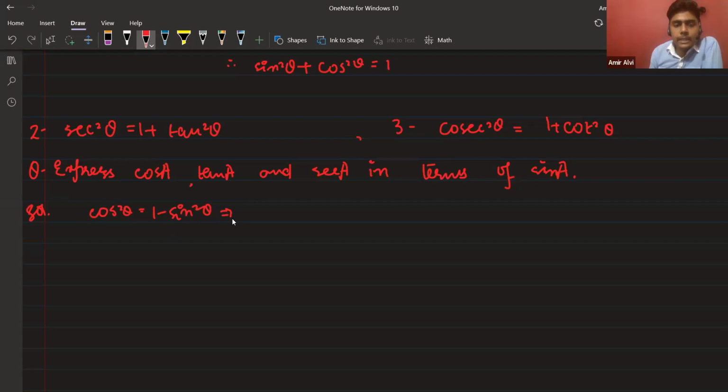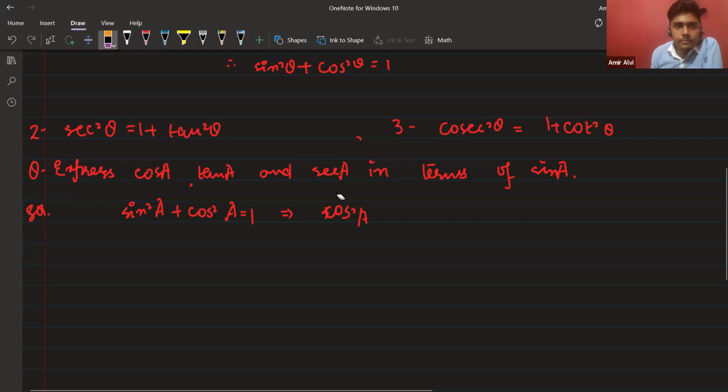We need cos. Suppose we are writing in terms of sine square A, because the question is asking, we will take A as the angle. So we have cos square A is equal to 1 minus sine square A.